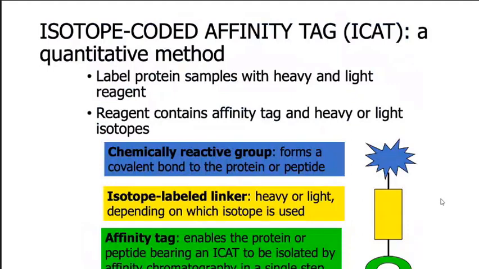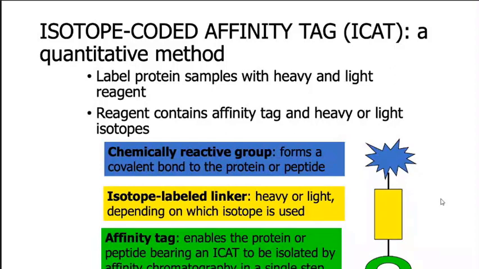Isotope-coded affinity tag. It is a quantitative method to identify proteins. In this method, we label a protein sample with a heavy or light reagent. This reagent contains an affinity tag and a heavy or light isotope. The blue color is the chemically reactive group that forms a covalent bond to the protein or peptide, like a sulfhydryl group.